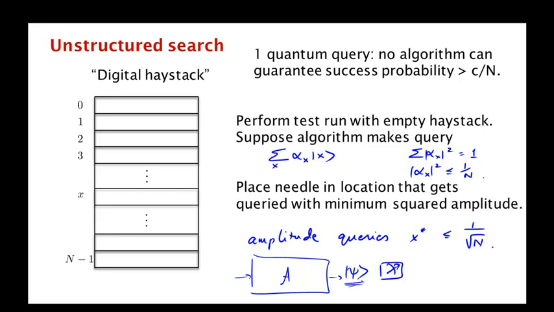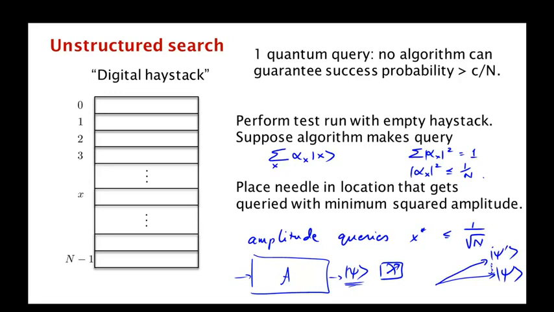And now what we're saying is psi cannot be changed by very much when we actually run it on the table with the marked element. It can change by at most 1 over square root of n in Euclidean distance.